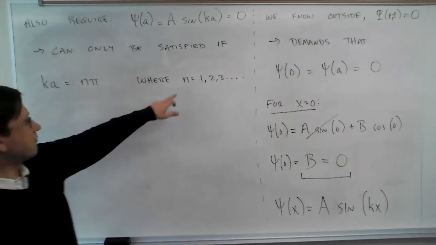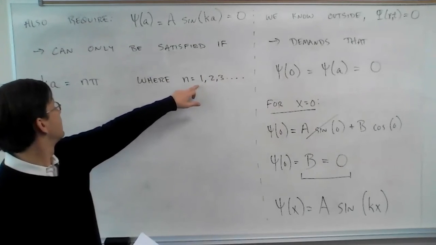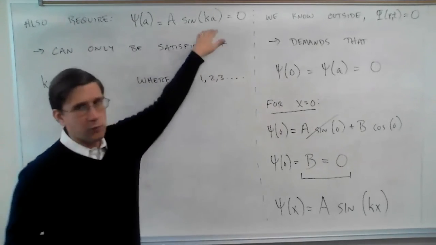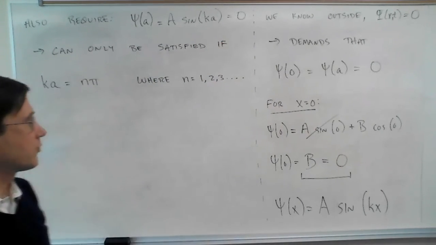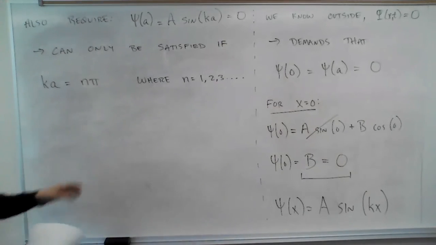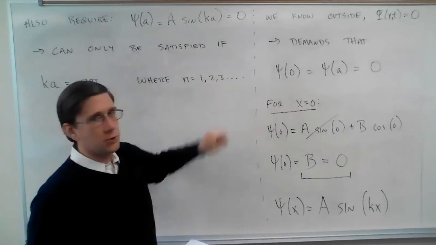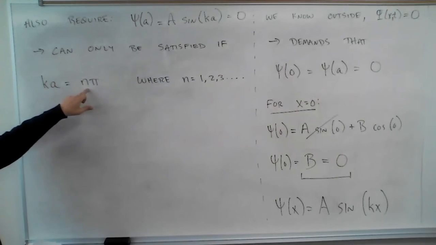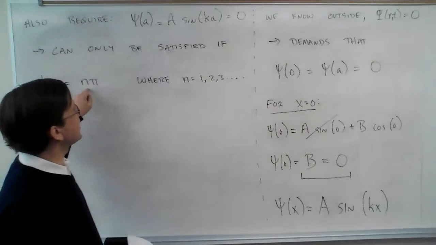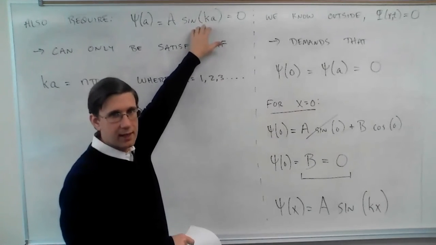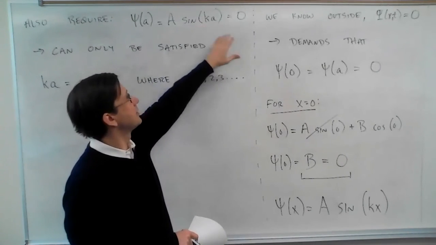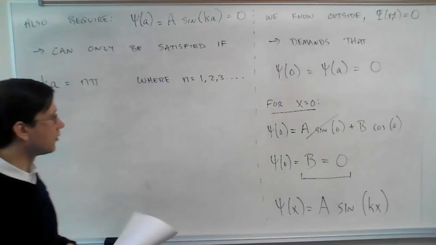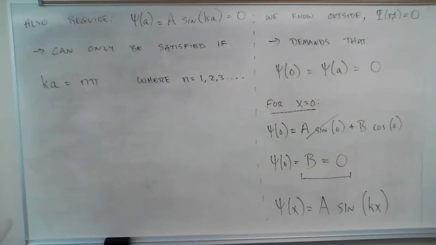Okay, I'll point out that if n equals 0, then we would again have one of those trivial solutions to the Schrodinger equation. But if n is equal to 1 or 2 or 3 or really any integer, if ka is equal to pi or 2 pi or 3 pi, then sine of pi or 2 pi or 3 pi, etc., is equal to 0, only at those specific locations.